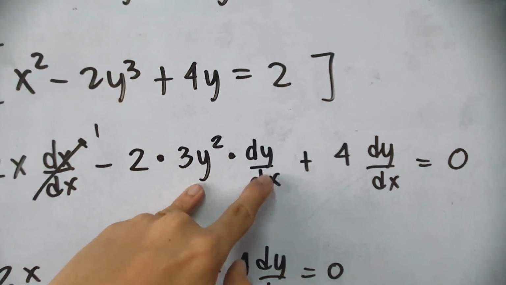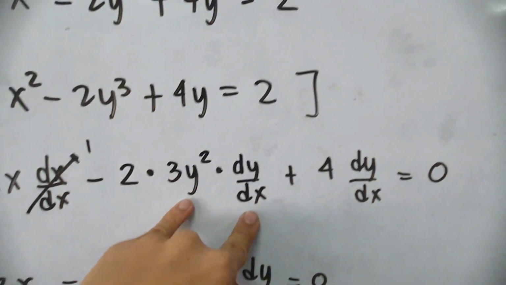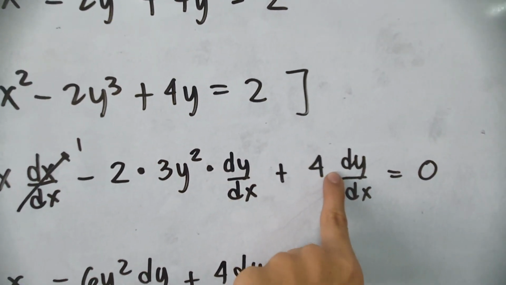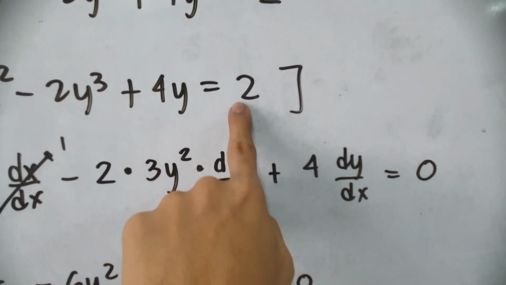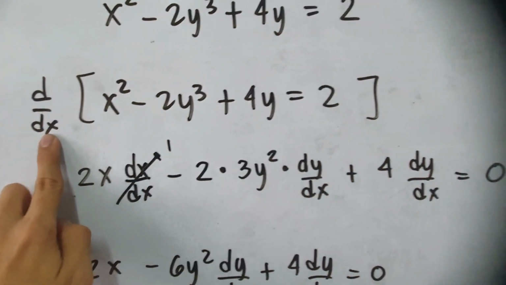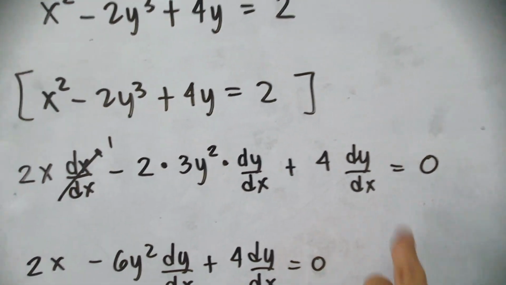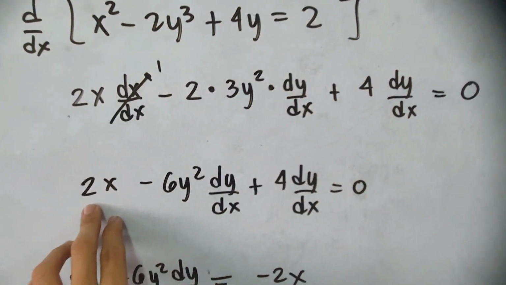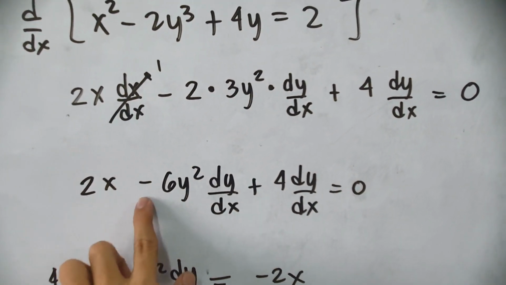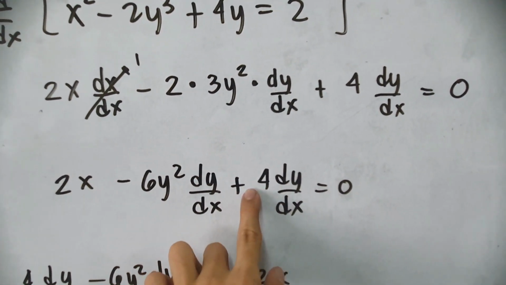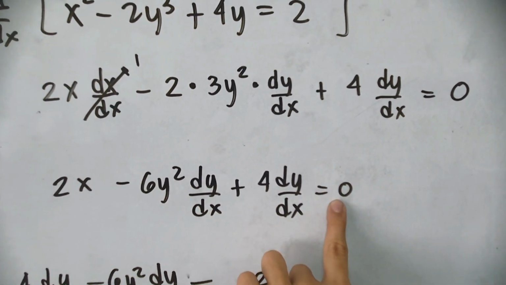So that is why we now have dy over dx right here. Plus, copy 4, the derivative of y, which is still dy over dx, and the derivative of 2 with respect to the variable x is 0. That is a constant. Simplifying, we now have 2x minus 6y squared dy over dx plus 4 dy over dx is equated to 0.